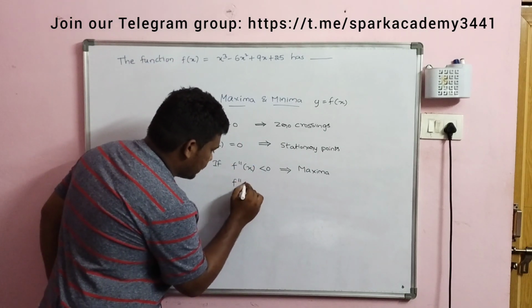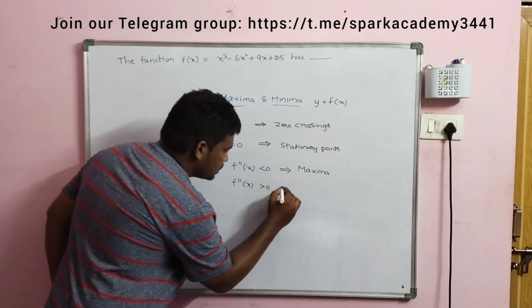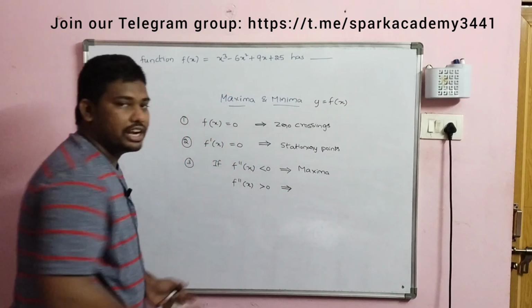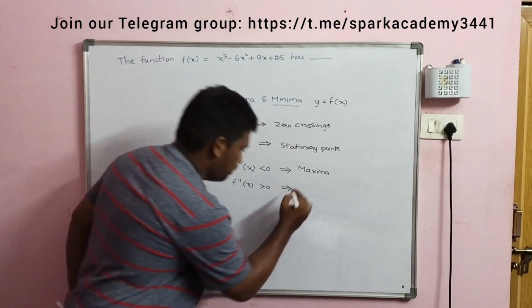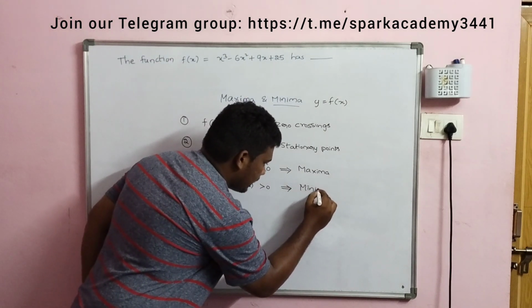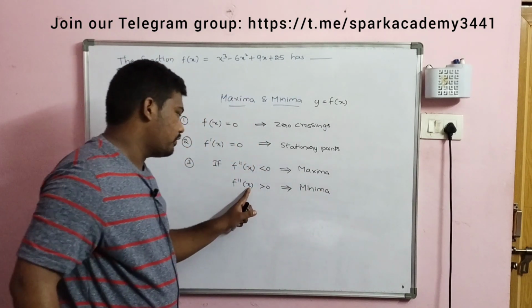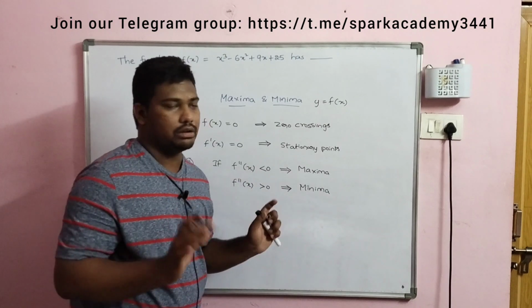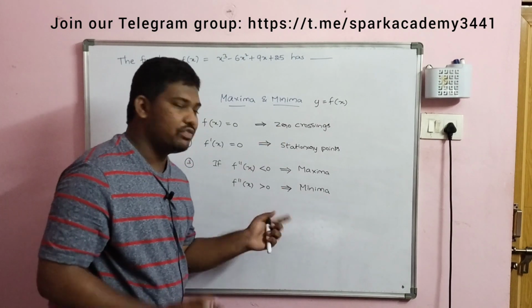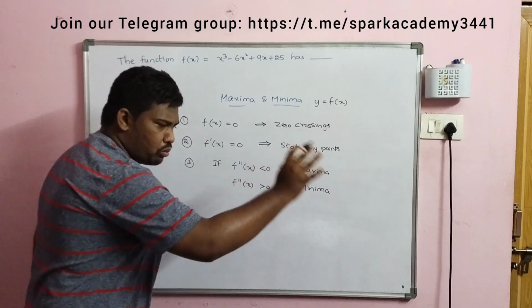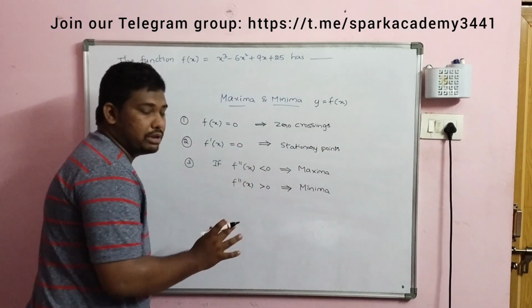If f double dash of x is greater than 0, the opposite of maxima, that is minima, right? That particular value of x will have minima there. If we draw the function, there we will be facing a minima point, right? The bottommost point is called the minima point.